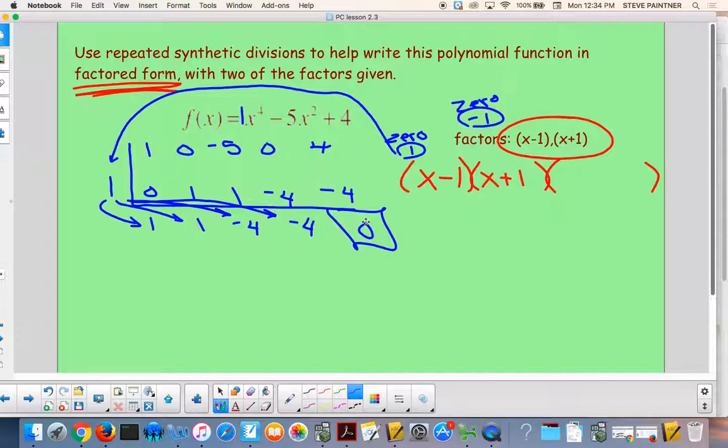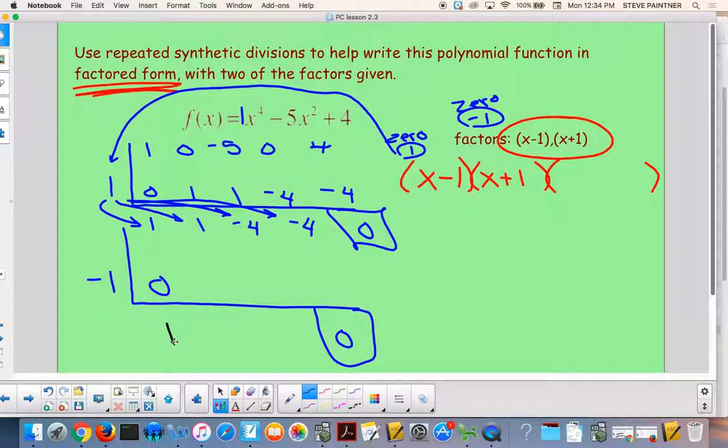But wait a minute. I know there's another factor, x plus 1. So couldn't I do this whole synthetic thing again? Yeah. Okay, with what 0 though? Negative 1 this time, right? Because that came from this one. So do it again. Start over. Add, multiply, add, multiply. You better get 0 because it is a factor.